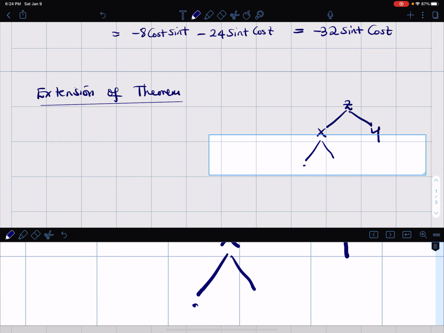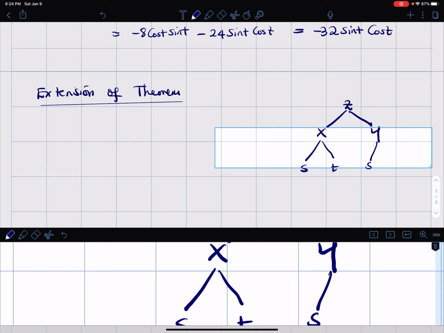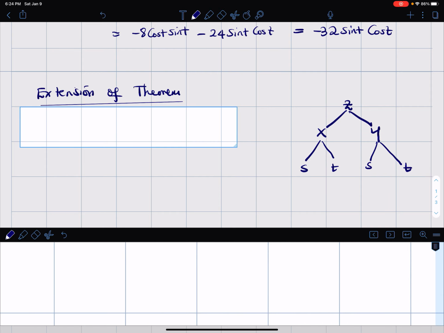This is s and t, and this one also has s and t. Then we can find the derivative.